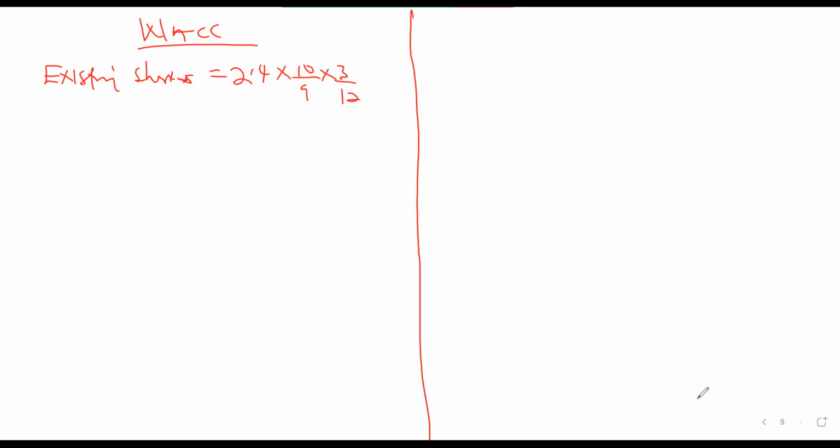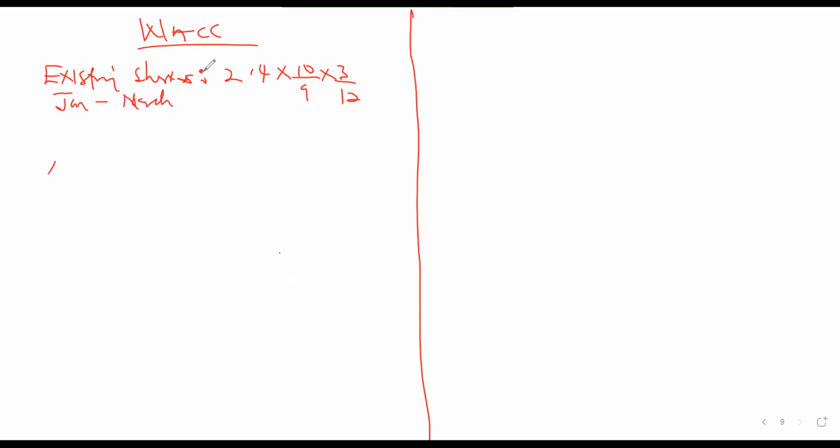Why 3/12? So we apply the bonus fraction on it, and this is going to be there for 3 months before the right issue. So let's calculate what we'll be getting for this 2.4. Then you apply the bonus fraction or the right issue fraction up to the time that the right issue is done. So this will be January to March.